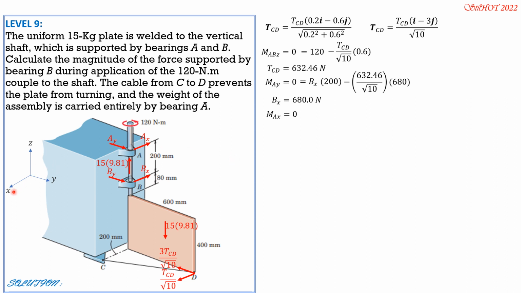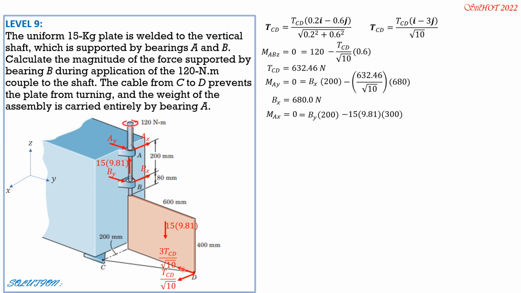To solve for By, we set moment about AX to 0. By right thumb rule, because this is the positive x-axis, positive sense would be that way. So By is considered positive. So equals By times 200. Then minus 15 times 9.81 times 300 mm.